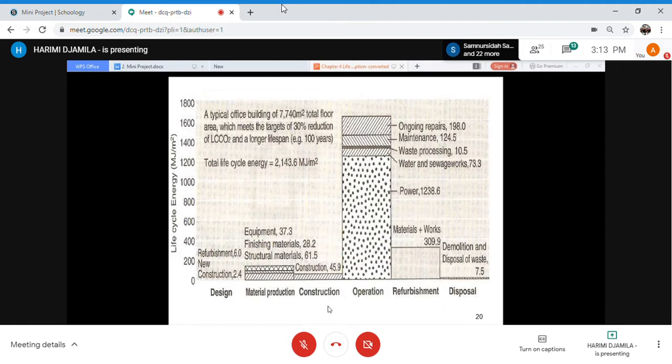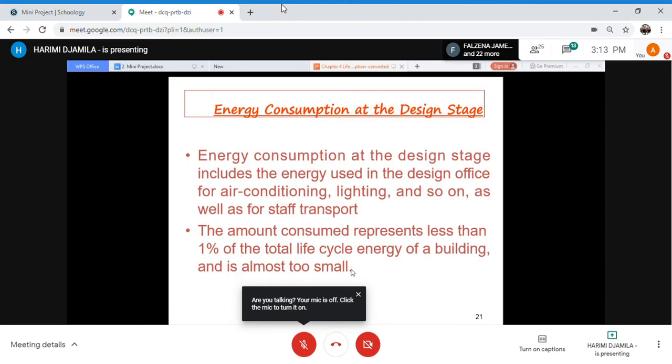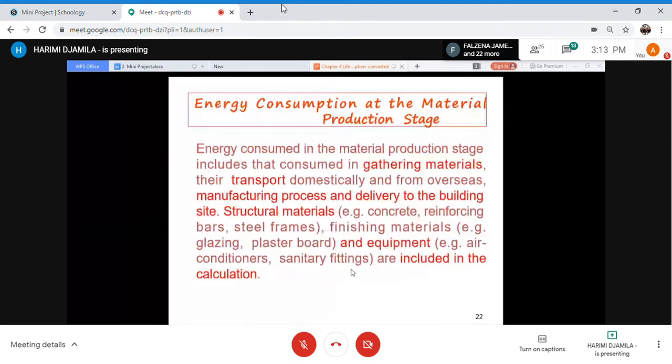I did provide an explanation before, like for the office, for the machinery, etc. So as we mentioned, we already know operation is power. Obviously, the building will consume a huge amount of energy at the operation stage, which makes sense because the duration of operation is longer than other stages.